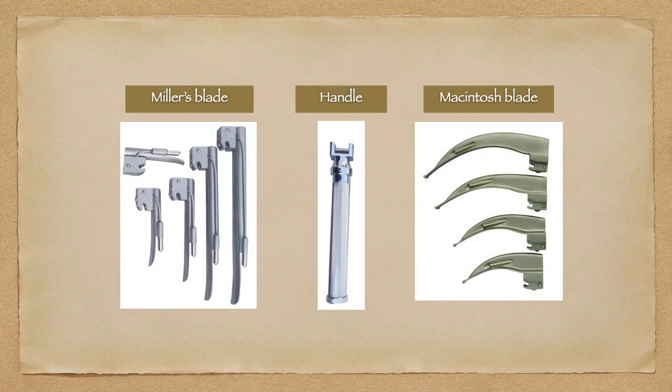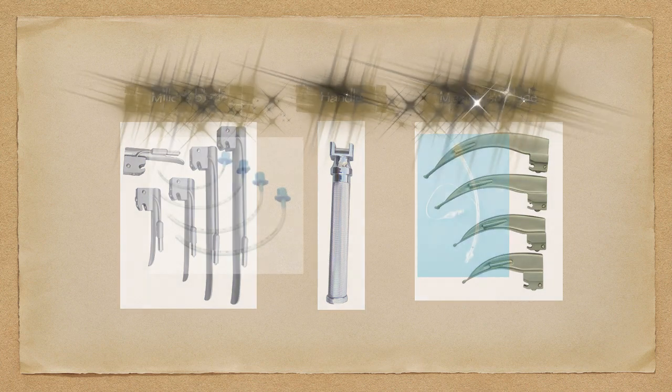In this picture you can see the different types of blade, Miller's blade and Macintosh blade. In neonates, usually Miller's blade is preferred, and in older children we can use Macintosh blade.